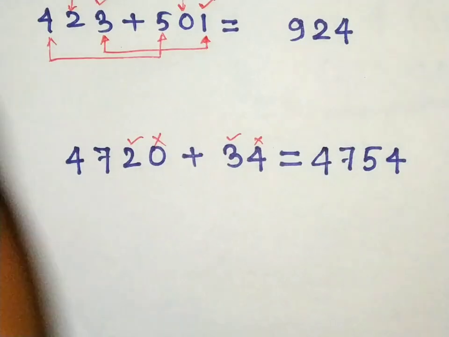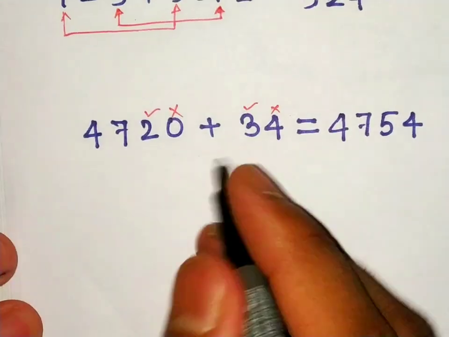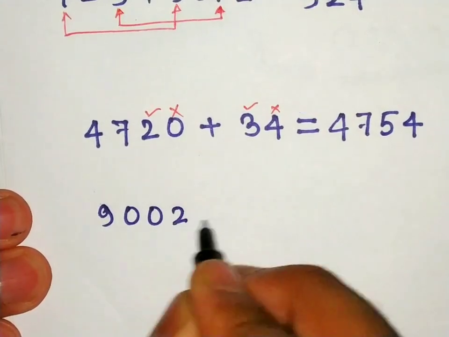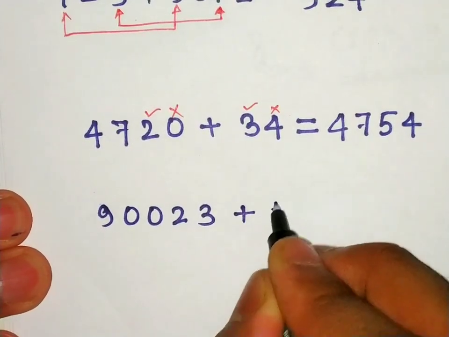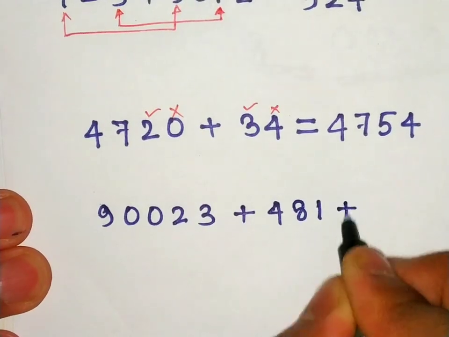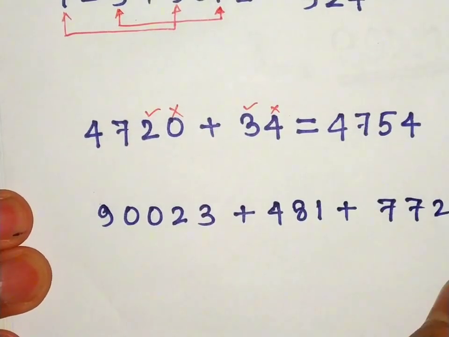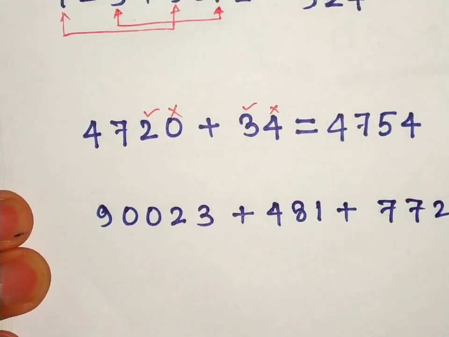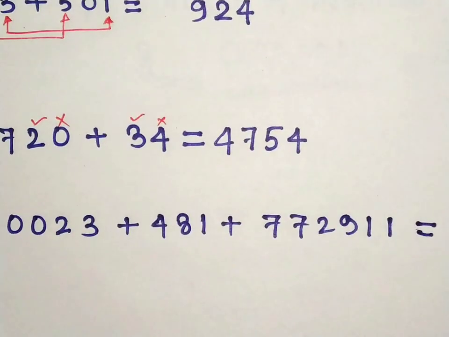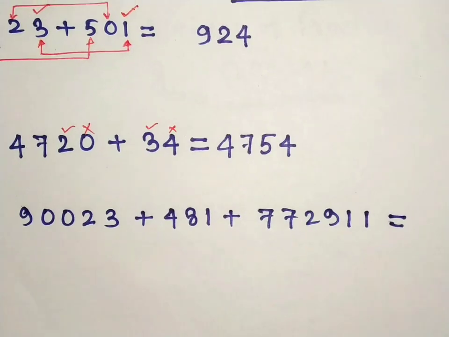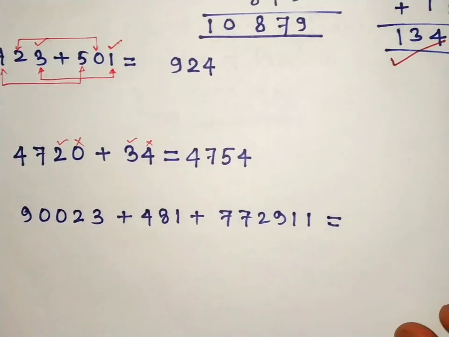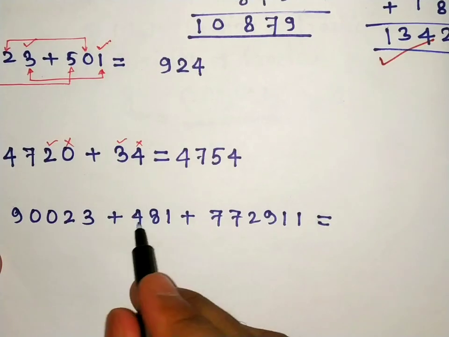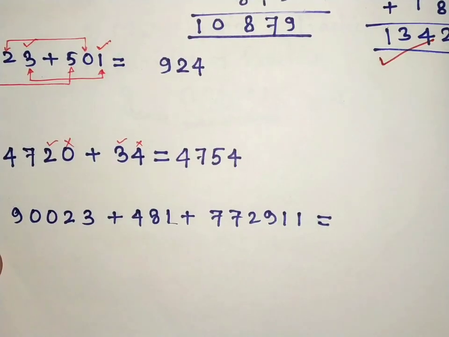Okay. Similarly, take another example like 90023 plus 481 plus 772911. Now you can see on the screen. Here is a 5-digit number, here is a 3-digit number, here is a 6-digit number. How will you add?